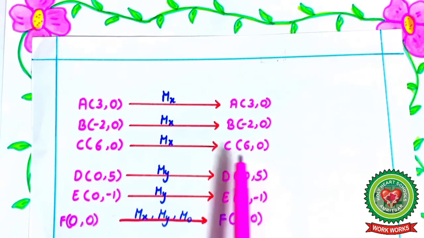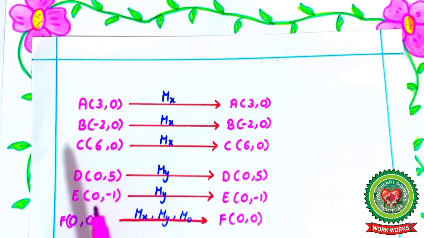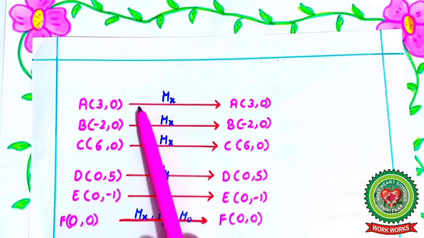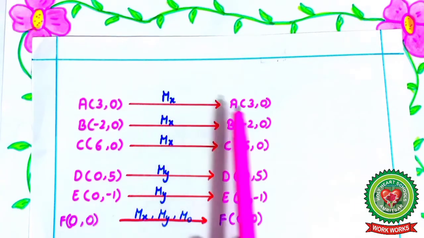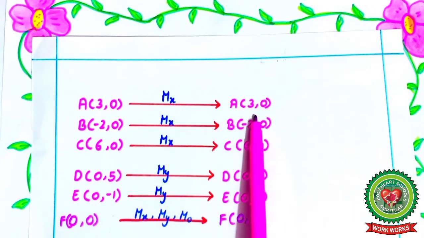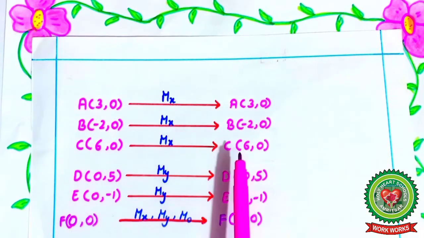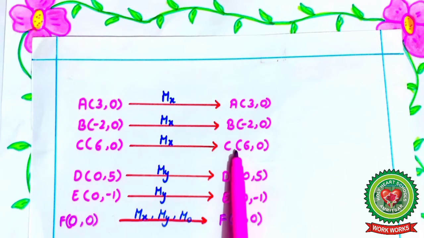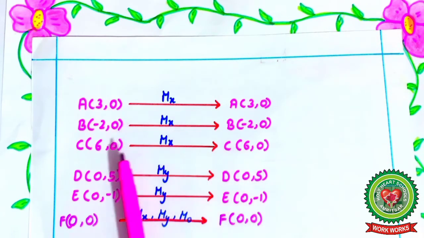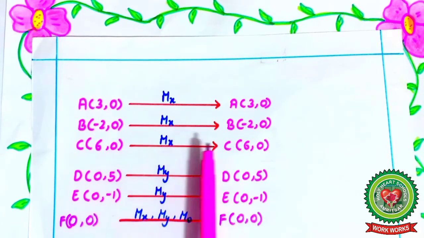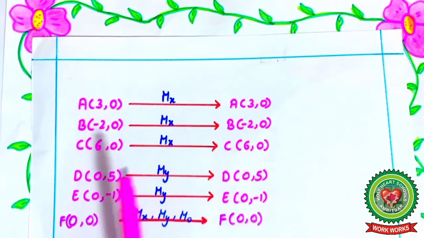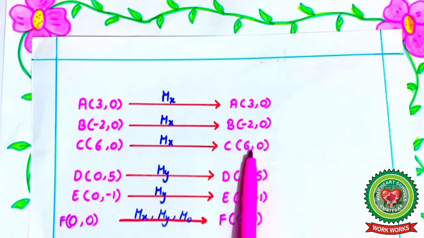So it means when the point is reflected in the x-axis, the coordinates of its image are also the same. Coordinates remain unchanged. That type of points are known as invariant points, when the coordinates stay the same after reflection.